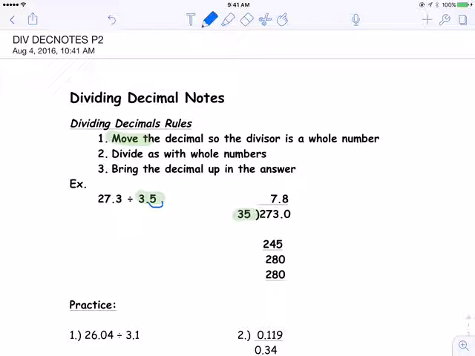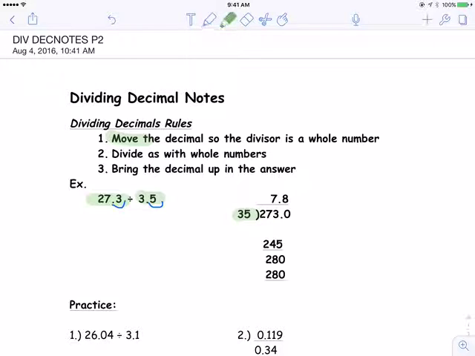When you do that, you also have to do that on the dividend. The dividend is the number that you're dividing. So the 27.3 becomes 273 because we moved the decimal over one place there. It moves over the same number of places as it did for the divisor.